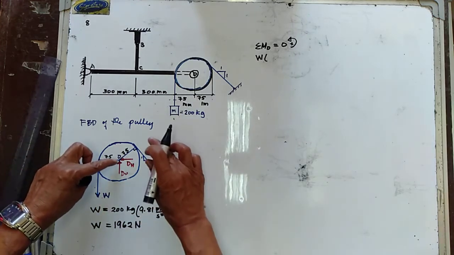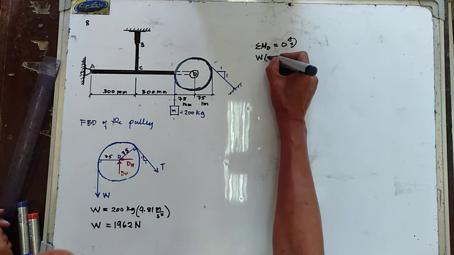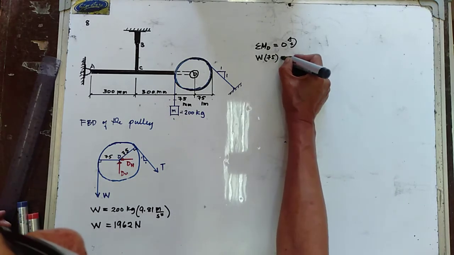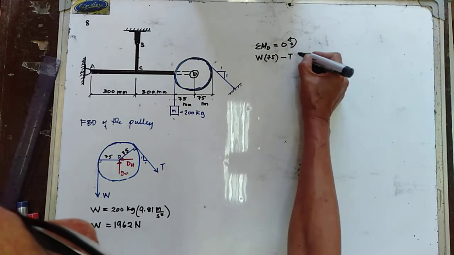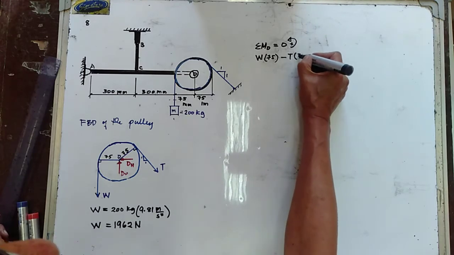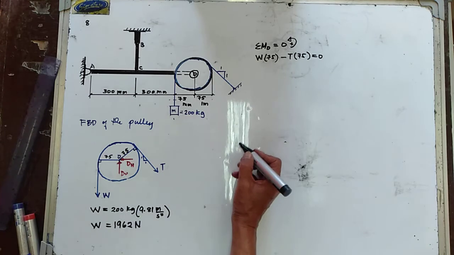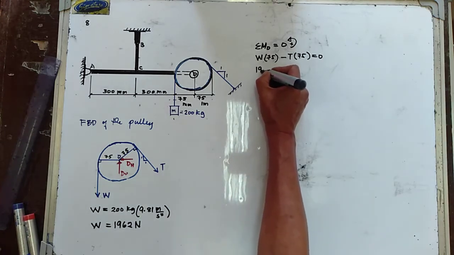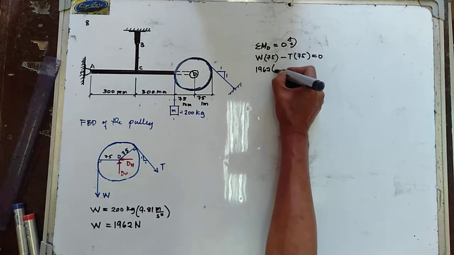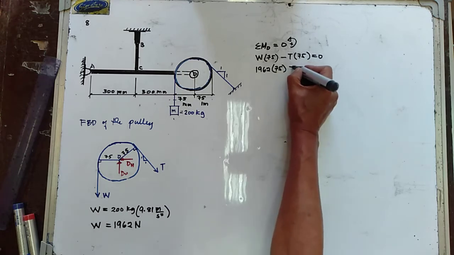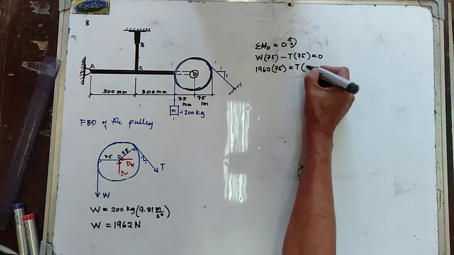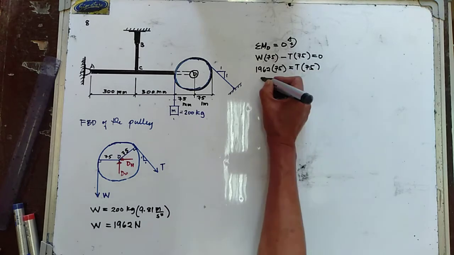Counterclockwise moment, W times 75 minus T times the moment arm 75 is equal to 0. So 1962 by 75 is equal to T times 75.